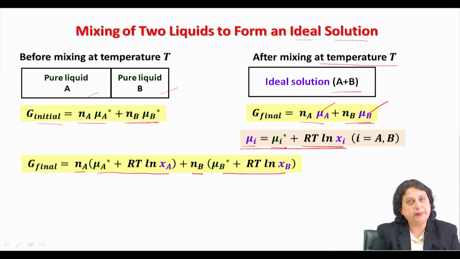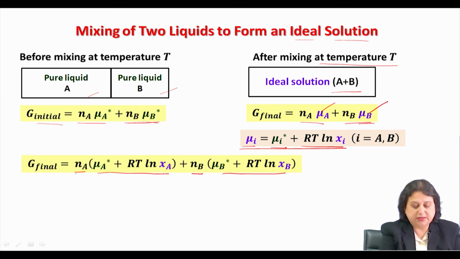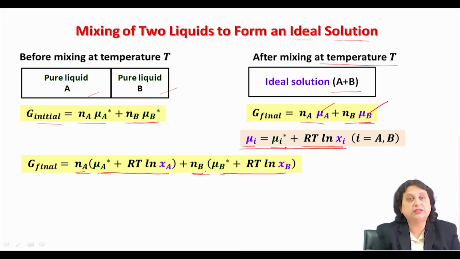Now I realize that in G final, the first term that appears here is Na mu A star plus Nb mu B star. And these two terms combine to give me G initial.